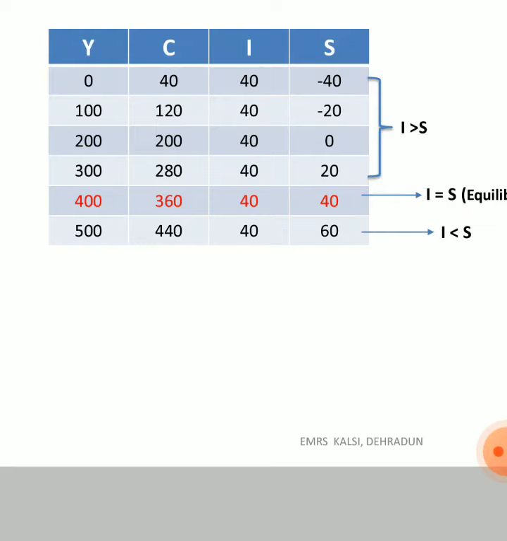Okay, that point will be our equilibrium point. So we have to find here at what level of income investment and savings are equal. So we can see here at the level of 400 rupees our investment and savings are equal.